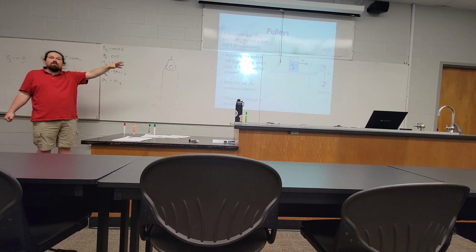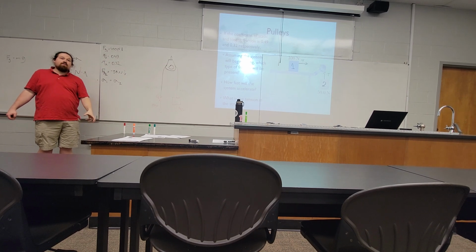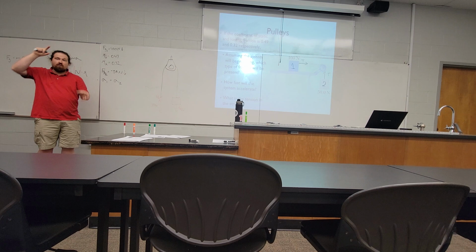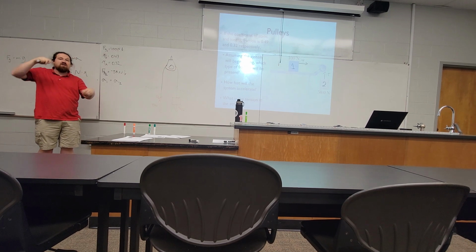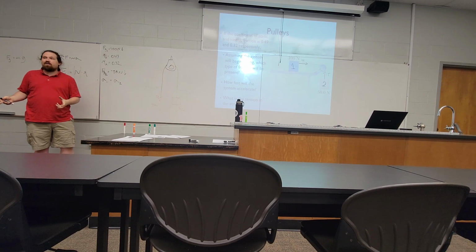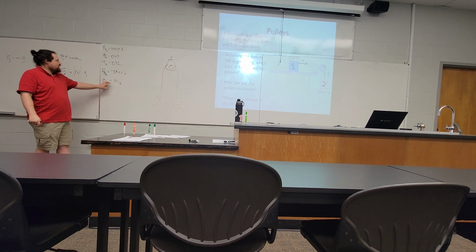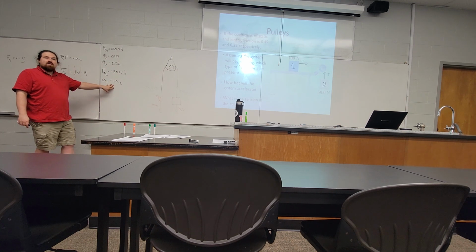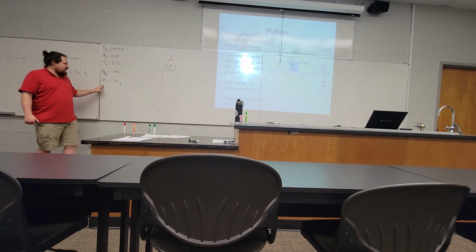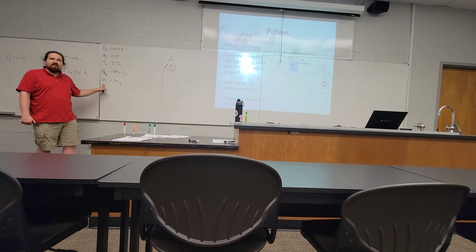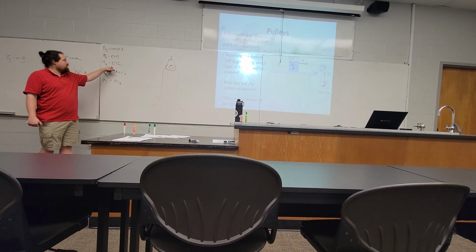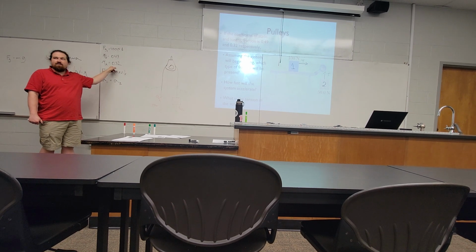If they do start moving, object 2 is going to get pulled down, object 1 is going to get pulled forwards. Different axes, but the same magnitude of acceleration because they're tied together. The string's going to travel along with them. If that happens, they'll be accelerating at a non-zero rate, but it'll be the same non-zero rate. And in that scenario, kinetic friction takes over.